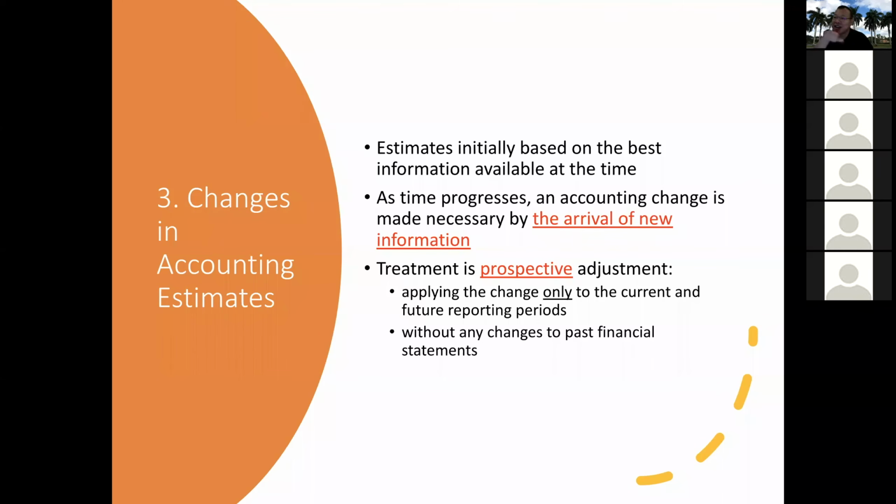So a change in estimate due to new information that does not exist in the previous years only affects the future years. You don't go back to the previous years to make changes. Sorry, just one question about that. Aside from changes in estimate, would there be any other scenarios where there'd be a prospective treatment?